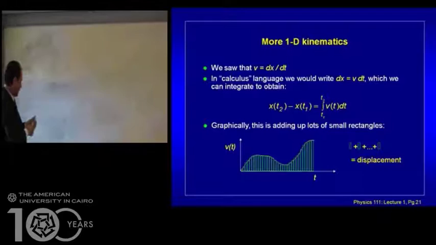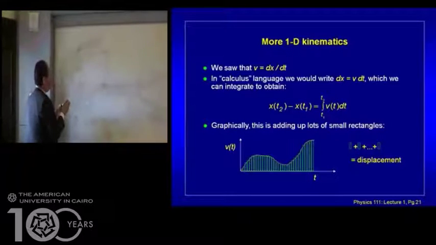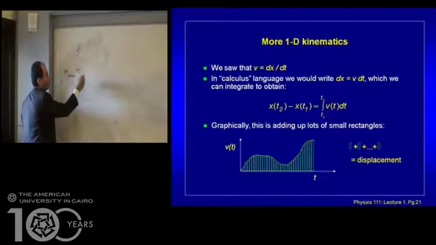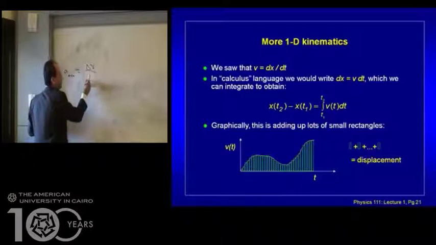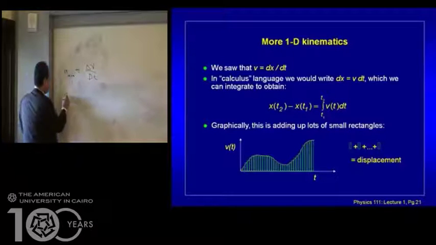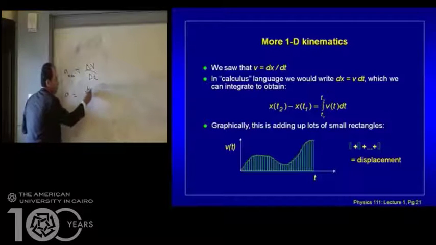Acceleration can be an average acceleration, and its definition is delta v over delta t, change in v with respect to time. And we can have an instantaneous acceleration, that's dv by dt.